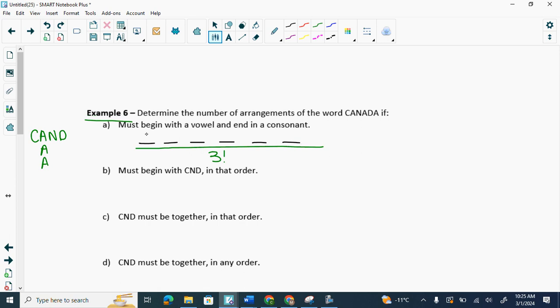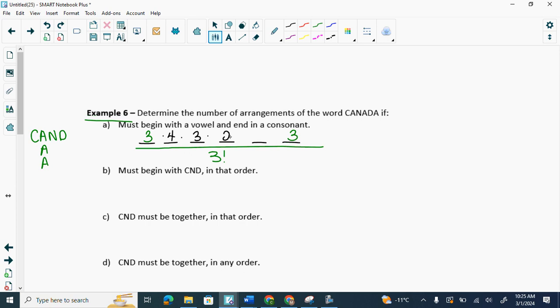How many vowels are there? 3. All 3 A's. Remember, we treat them like they're different. Correct? So it has to begin with a vowel. It has to end in a consonant. How many consonants are there? 3. How many letters have I used up? 2. How many letters are left? 4. So I have 4 for this one.